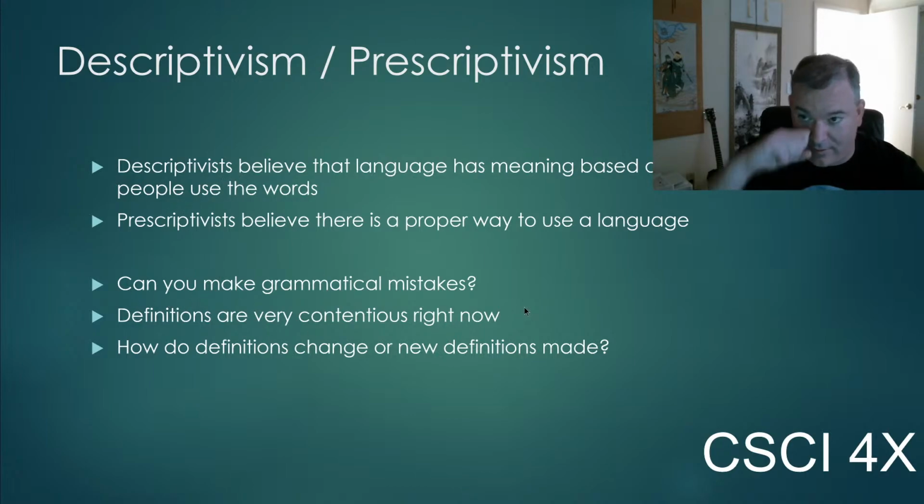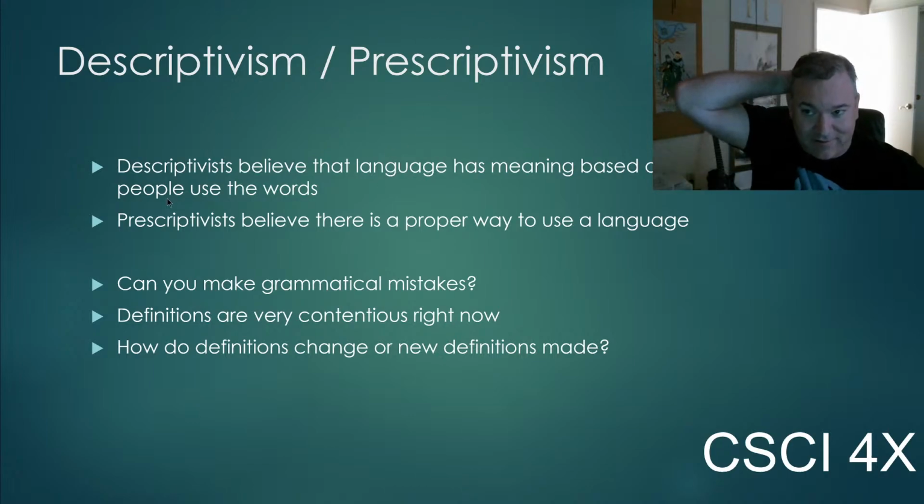And every time you've been in an English class and your English teacher is like, you're wrong, this is incorrect, that's prescriptivism. This is, however, a very, very contentious issue right now. This is probably one of the most politically loaded things right now. Which it doesn't sound like it should be. You know what I mean? It doesn't sound like this should be in any way contentious.